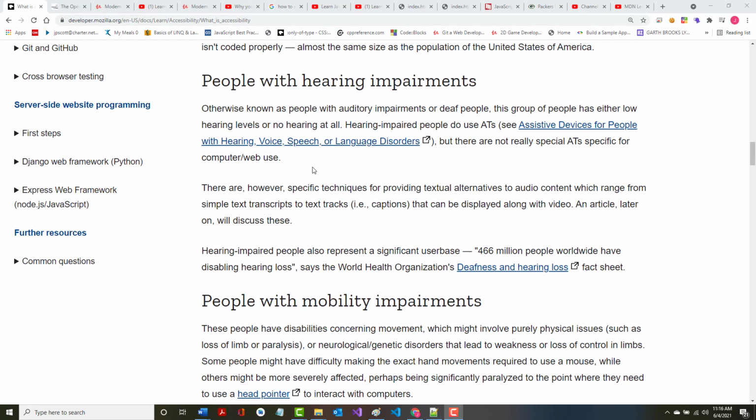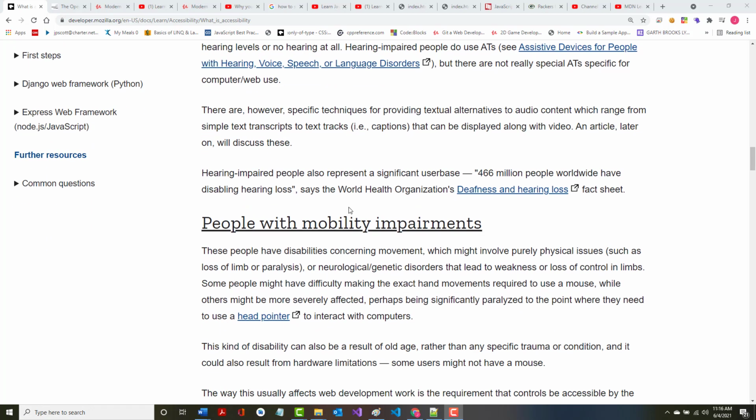Then we've got hearing impairments, also known as auditory impairments. It says there are specific techniques for providing textual alternatives to audio content, which range from simple transcripts to text tracks. Hearing impaired people also represent a significant user base. 466 million people worldwide have disabling hearing loss.